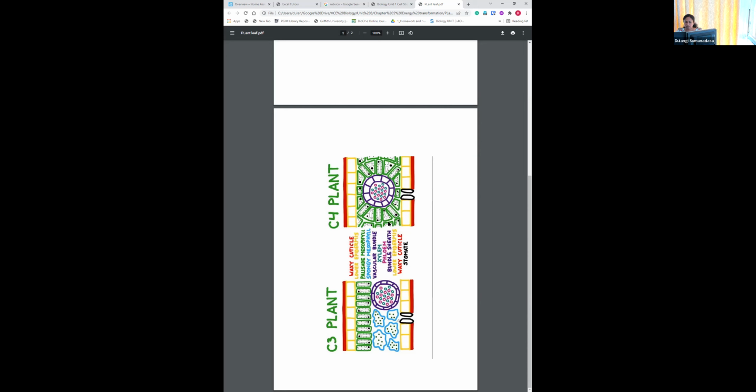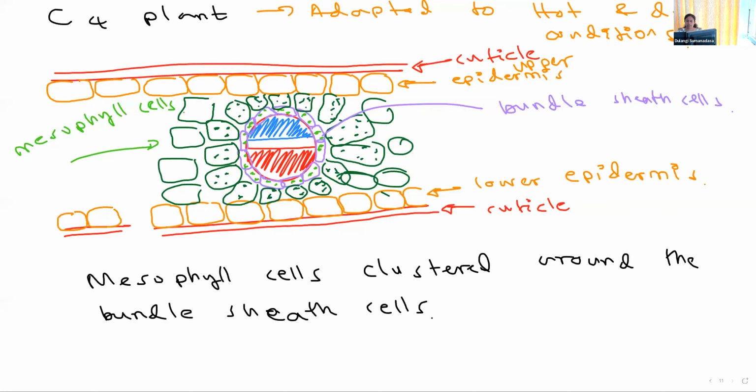I'm going to give a name for this structure. You wrote down this, right? The mesophyll cells clustered around the bundle sheath cells. That means this section here. This section here is known as something called, write it down, Kranz anatomy.